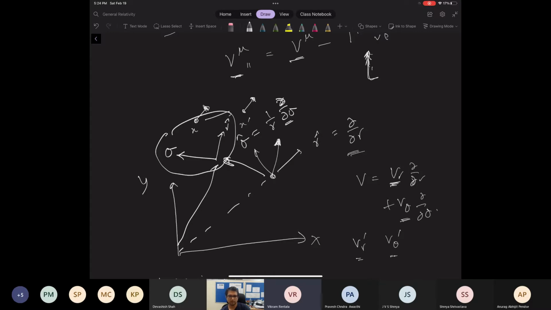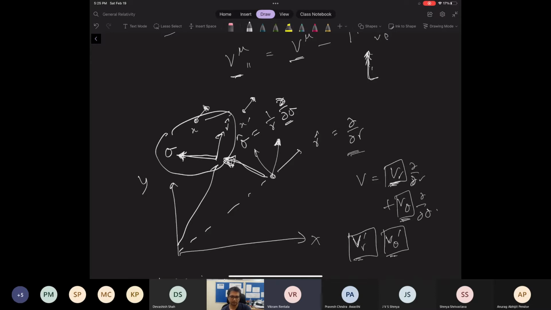The homework exercise that you should try out is to work out exactly what these new components v^r prime and v^theta prime are in terms of the old v^r and v^theta, and to convince yourself that the reason for the change is exactly because your coordinate system has rotated a little bit in this small displacement.